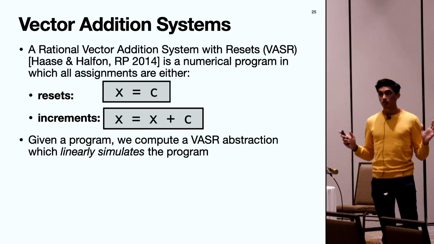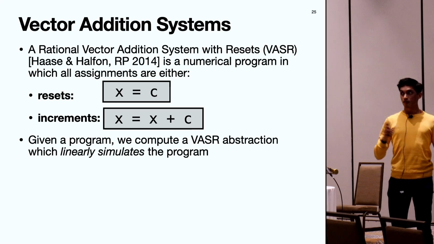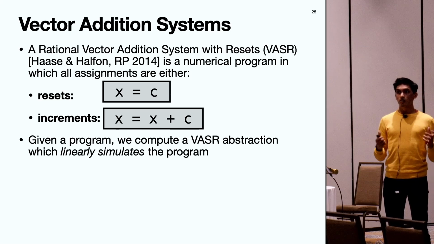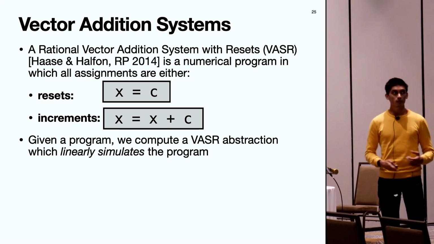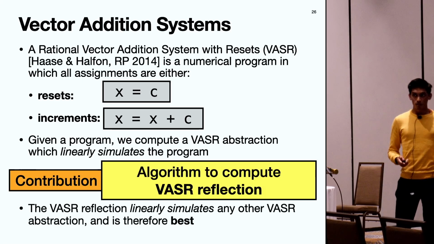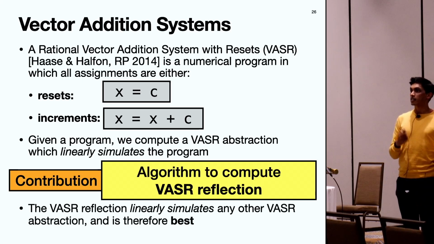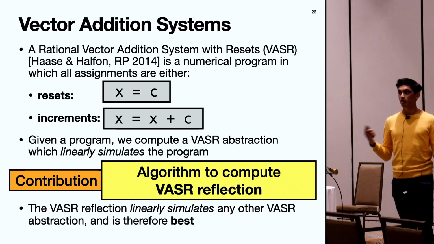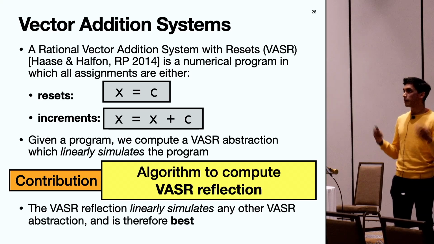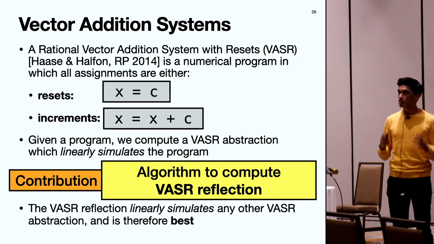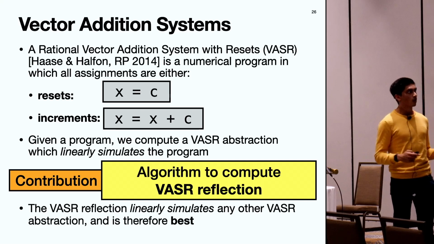And in simple terms, this means that the variables of the VASR represent linear combinations of variables of the program. And so my first contribution is an algorithm to compute the VASR reflection of a program, which linearly simulates any other VASR abstraction and is therefore best because it captures the most about program semantics of any VASR abstraction.